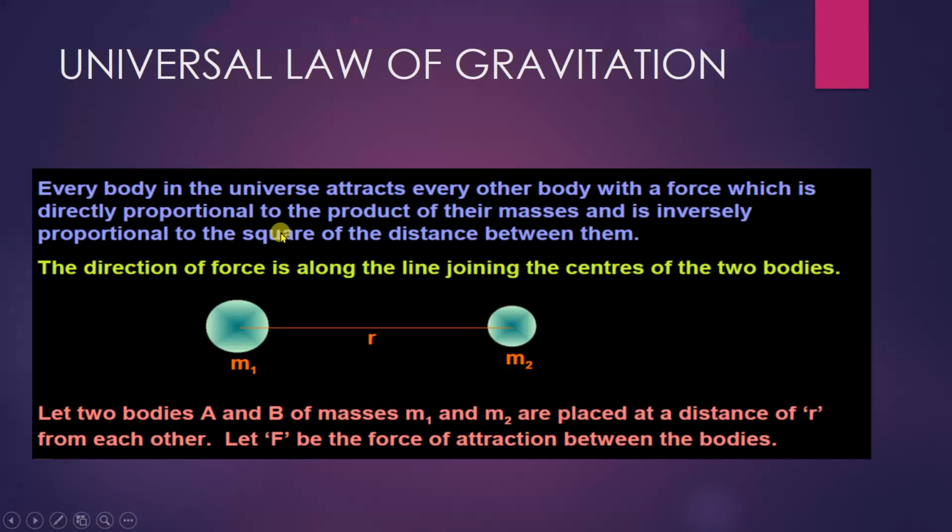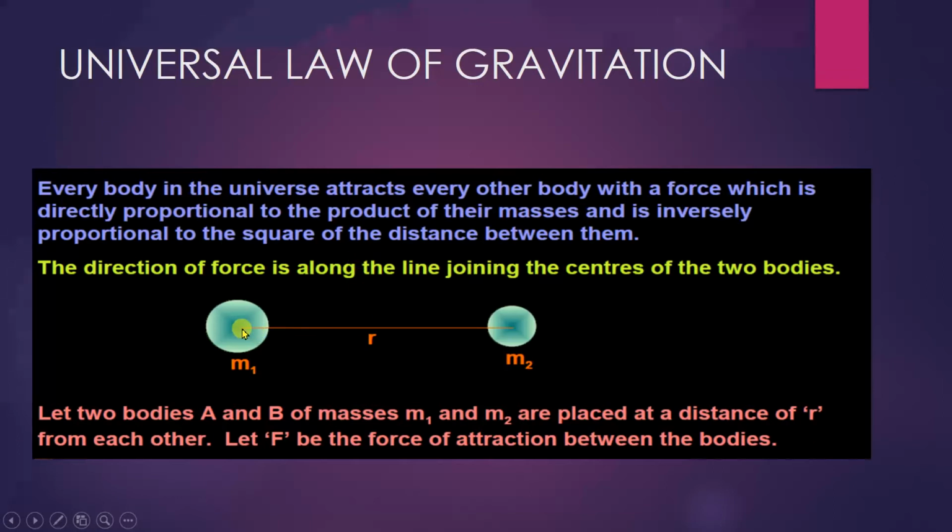Keep in mind that we are going to denote the force by F and the masses by M1, M2. If it is directly proportional to the product of masses, then F will be directly proportional to M1 multiplied by M2, isn't it? Then secondly, force is inversely proportional to the square of the distance between them.